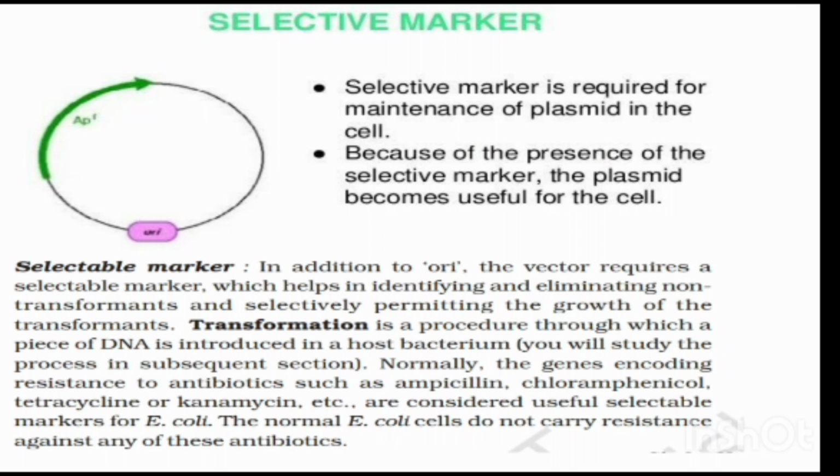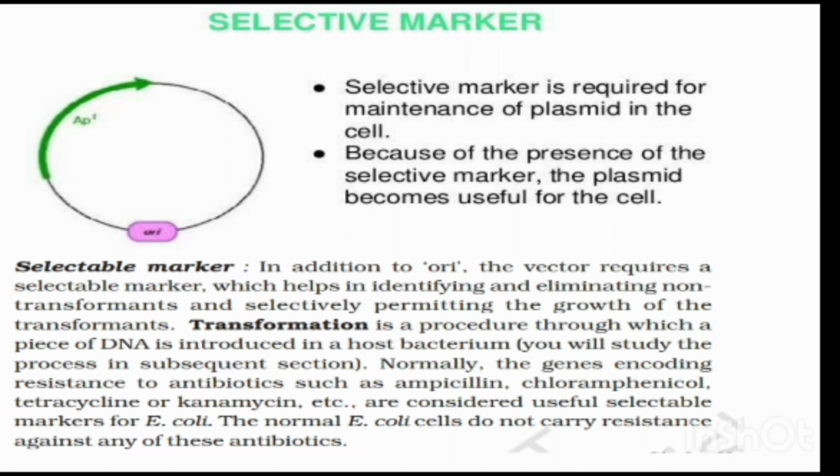Next, I told you there are selective markers. The selective marker is required for maintenance of the plasmid in the cells. Because of the presence of the selective marker, the plasmid becomes useful for the cell. In addition to ORI, the vector requires a selective marker, which helps in identifying and eliminating non-transformants.